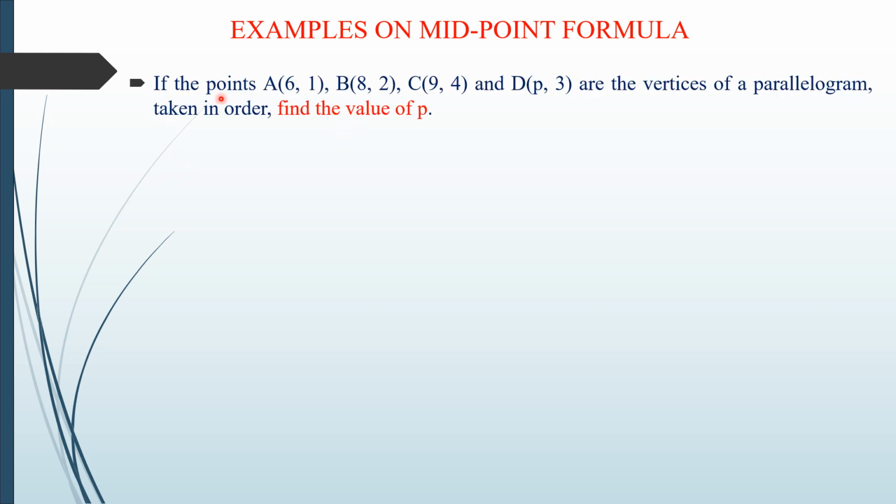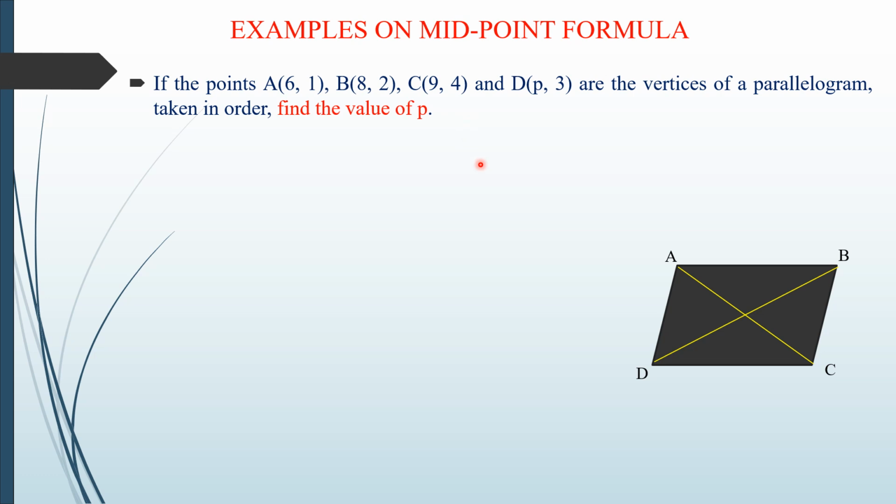If the points A(6, 1), B(8, 2), C(9, 4) and D(P, 3) are the vertices of a parallelogram taken in order, find the value of P. Suppose this is a parallelogram. The coordinates of A, B, C and D are given. Now we want to find the P value here, that is the x coordinate of point D is not given, that we need to calculate.